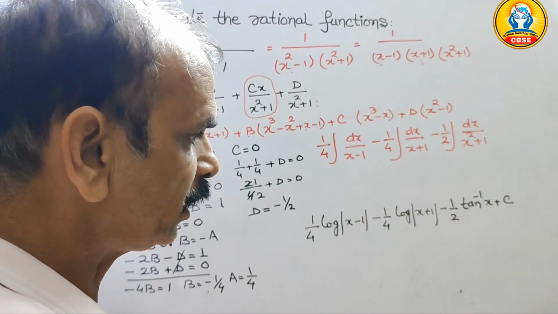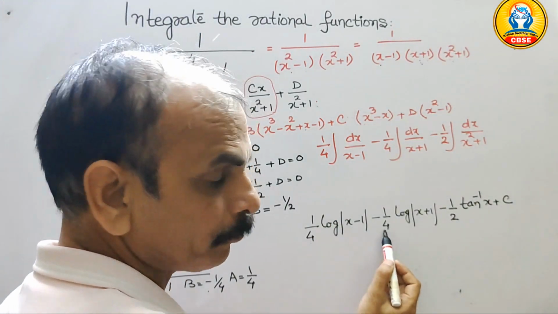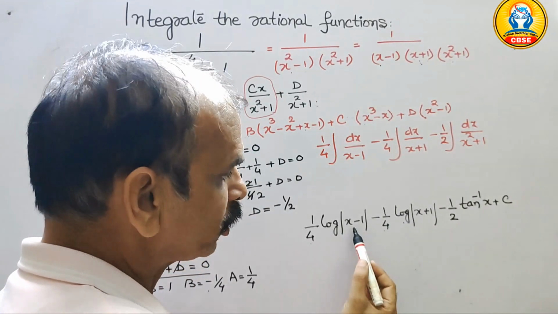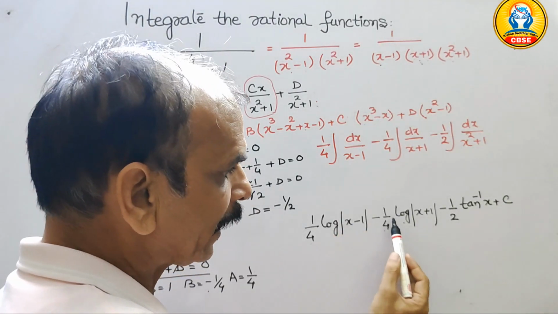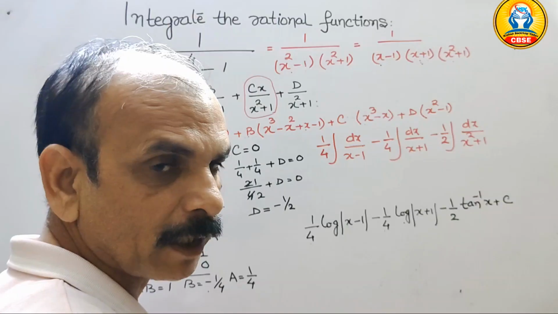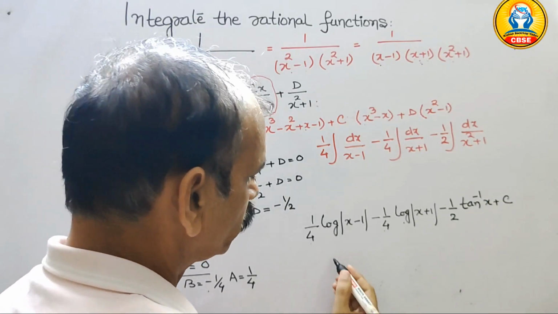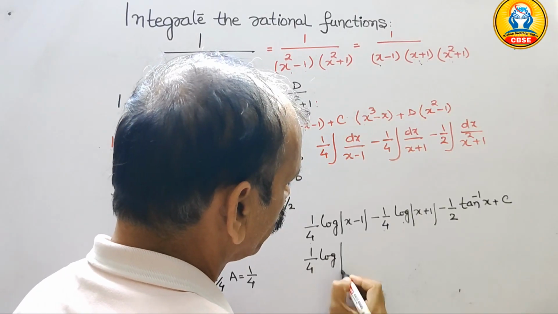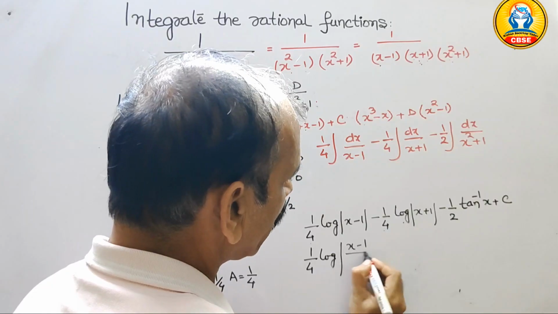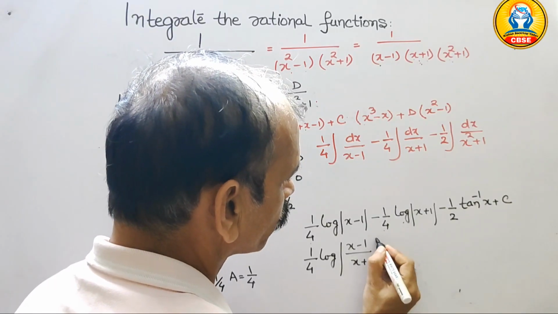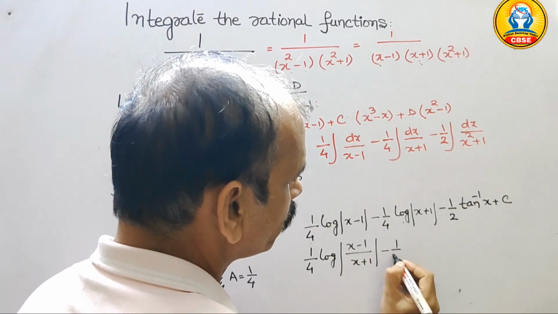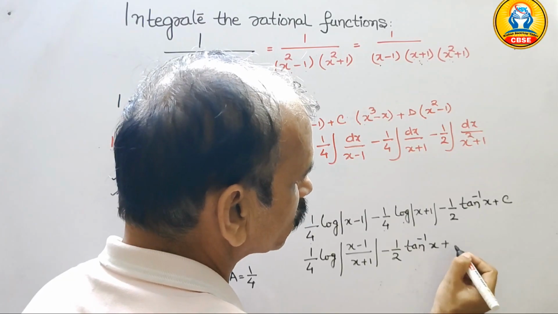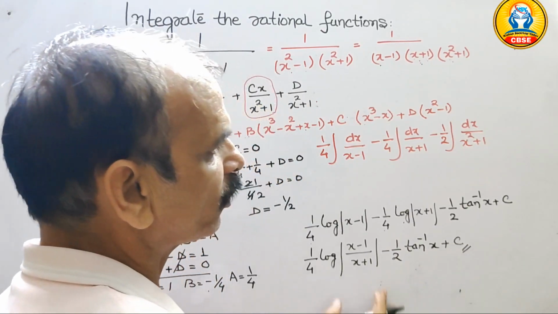Now if you see, the coefficients are the same and both are log, so positive will come as the numerator and negative as the denominator, because it's dividing. So it will be 1 by 4 log of x minus 1 by x plus 1, minus 1 by 2 tan inverse x plus c. So this is the answer for this question.